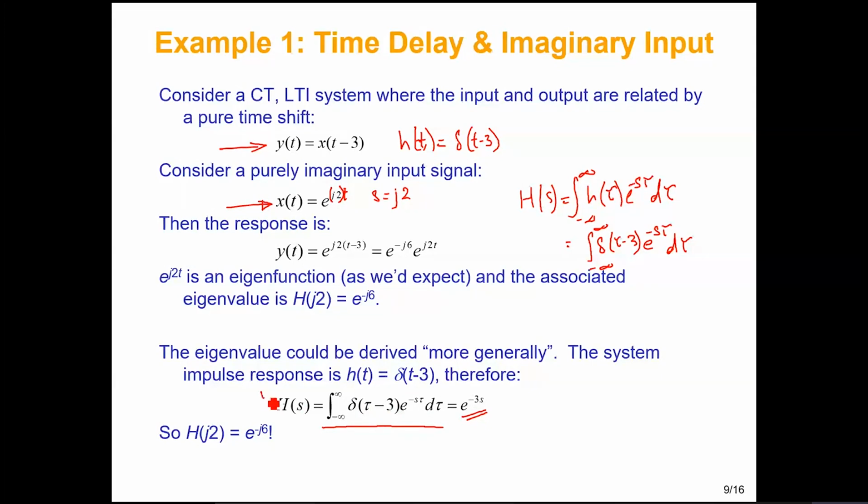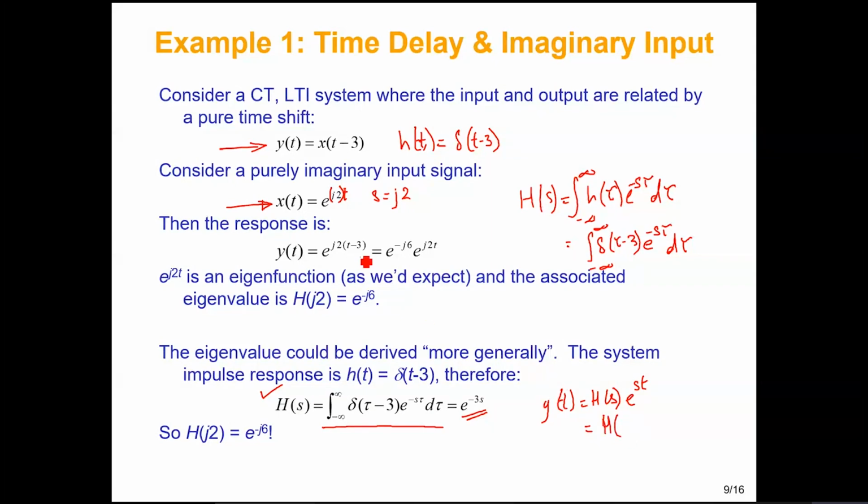So H(s) was computed, and the output y(t) is simply H(s) into e raised to power of st. In our case, instead of s we have j2.